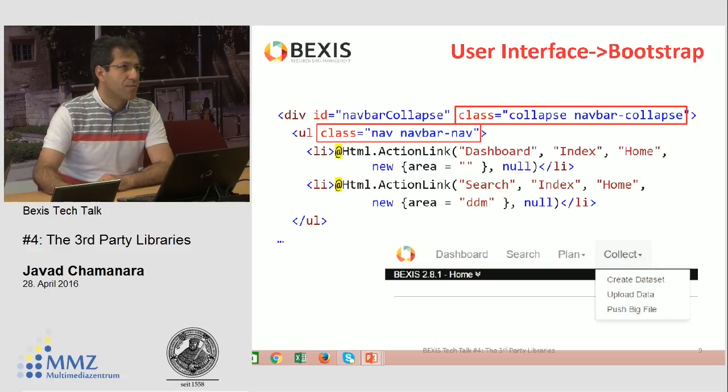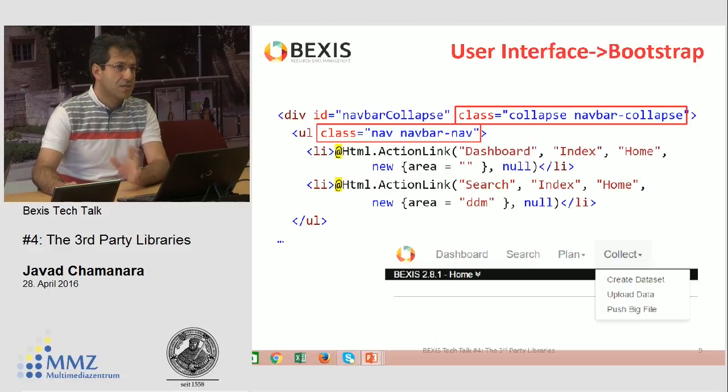Actually, I have removed some part of the code here in the HTML links to reduce some space, but you can have different levels of action links inside that, and that navbar collapse with the Bootstrap JavaScript library will change it to this appearance here that you see: dashboard, search, plan, hierarchical, collect. Hierarchical is expanded, and then you can collapse it like plan that is collapsed now. So there is no real need to manage all this kind of UI behavior manually or ad hoc.